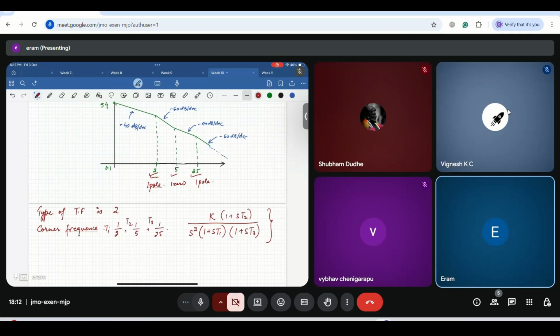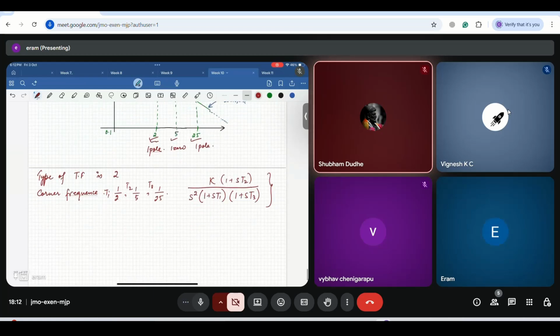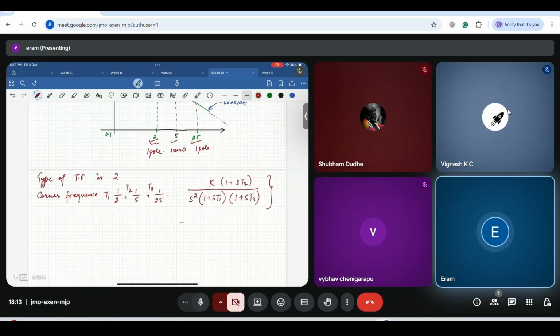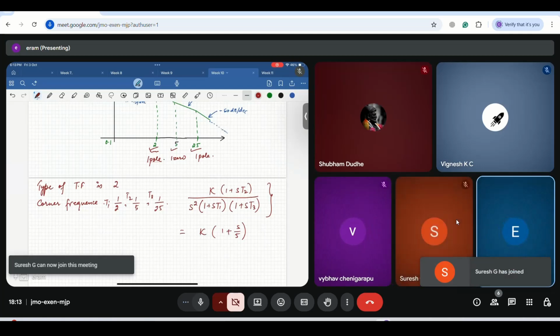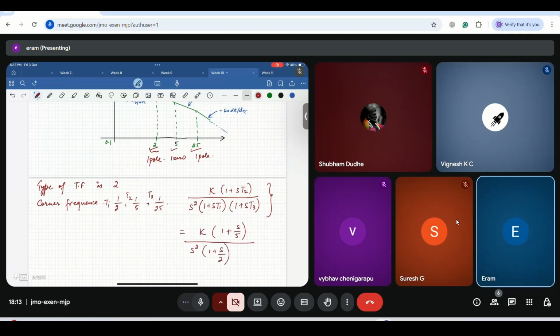Any confusion? No. Okay, so we can write it as K into (1 plus s by 5) divided by s squared (1 plus s by 2) and (1 plus s by 25).